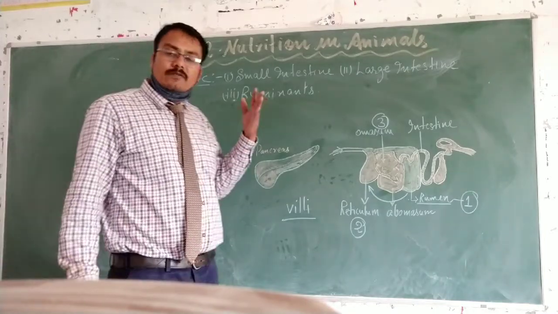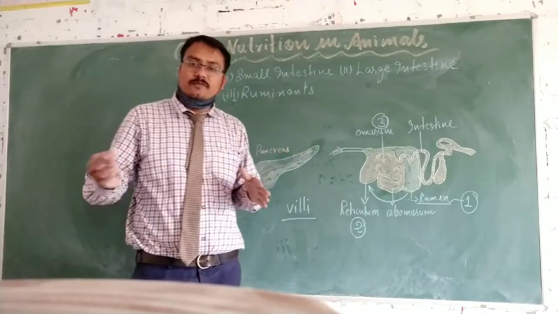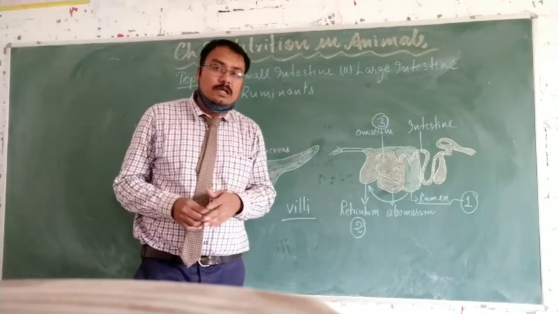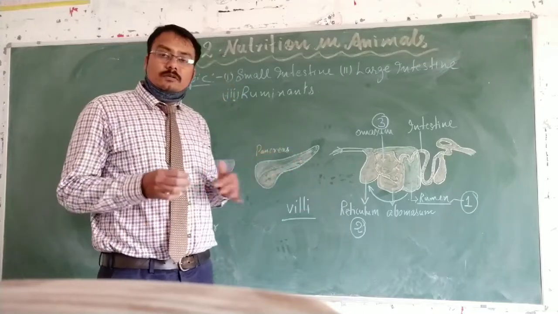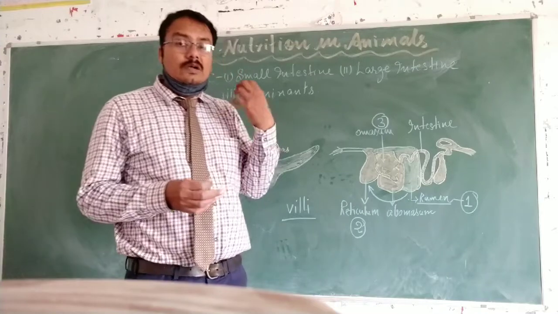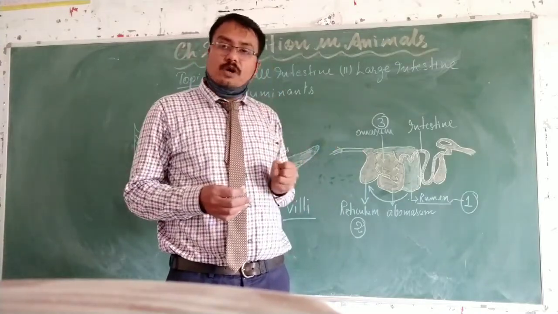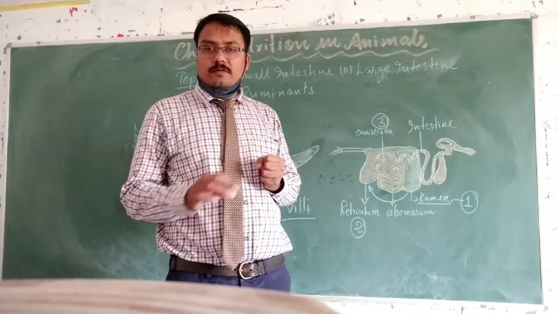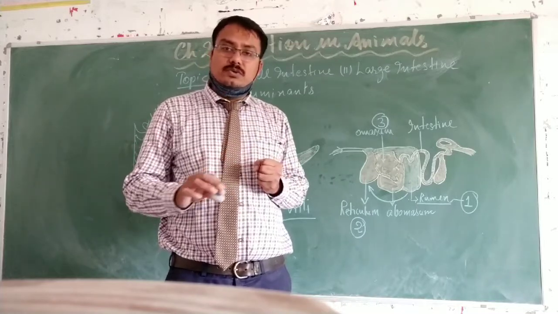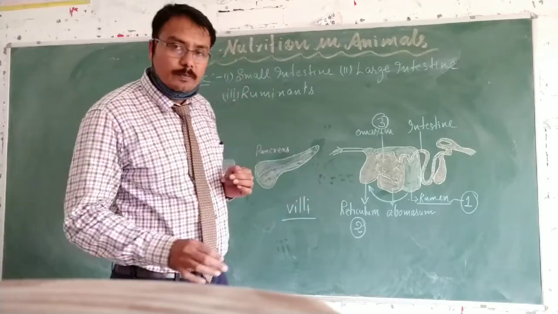I also told you the length of the small intestine is 7.5 meters and the large intestine is 1.5 meters. In the large intestine, from the undigested food material the excess salt and water is absorbed by the body, and the rest of the waste is thrown out of the body in semi-solid form, called faeces.